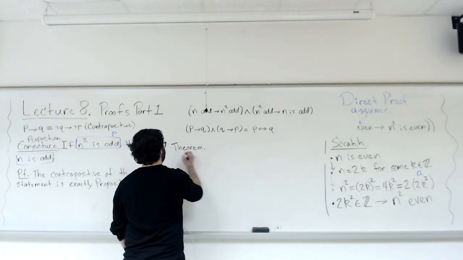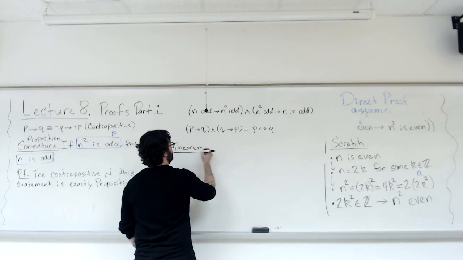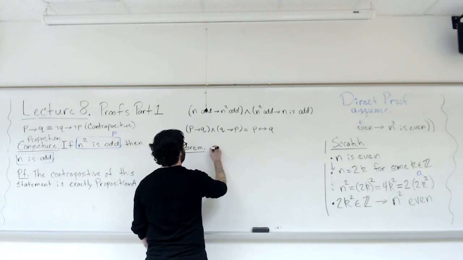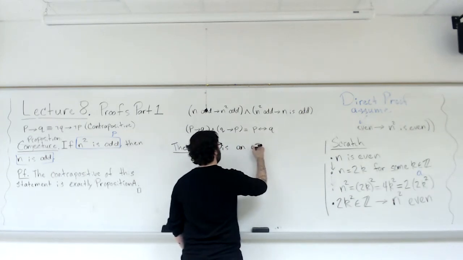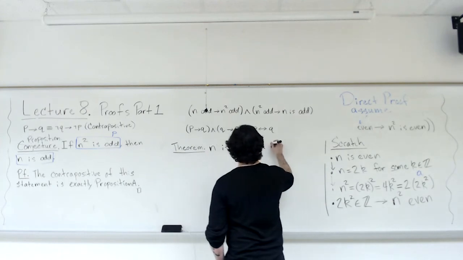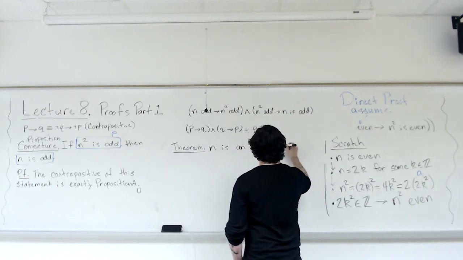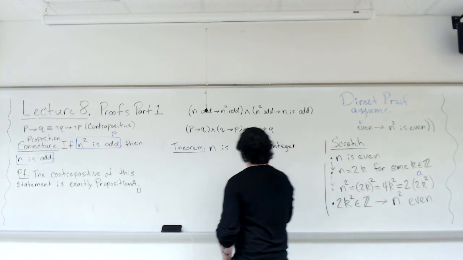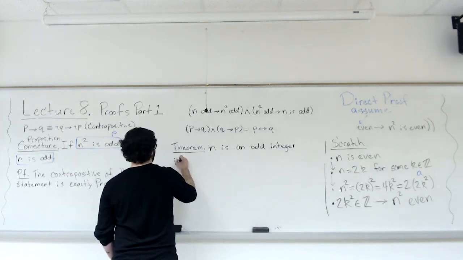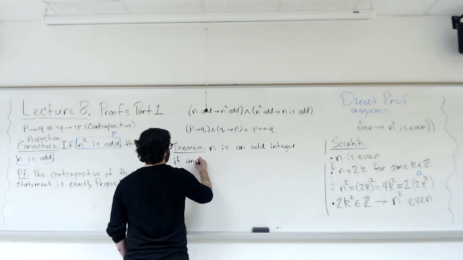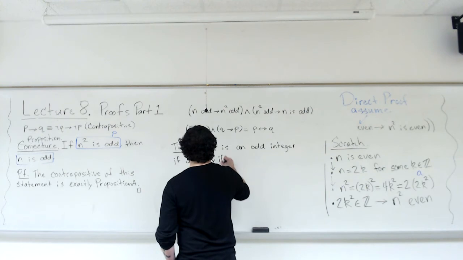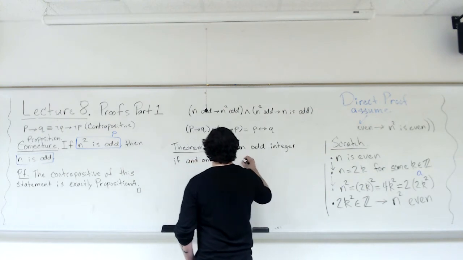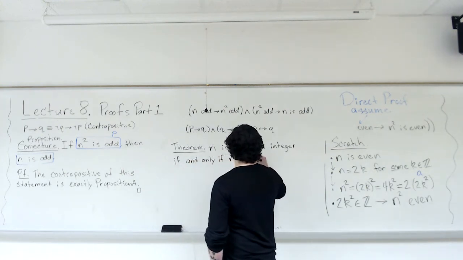Well, the theorem states that n is an odd integer if and only if n squared is an odd integer.